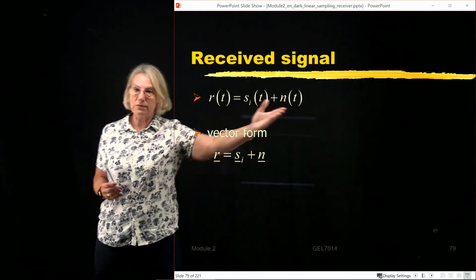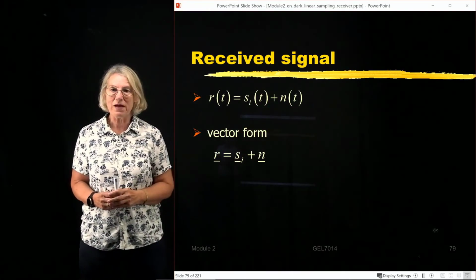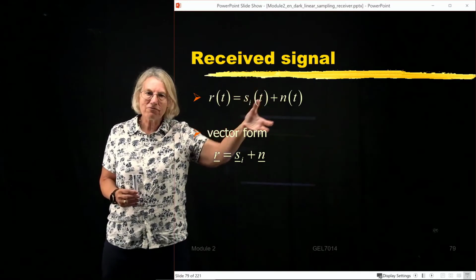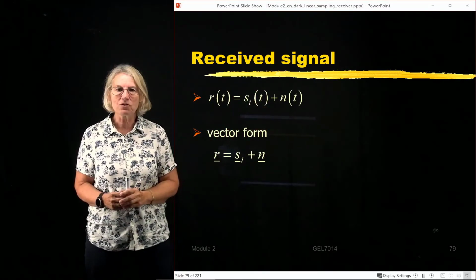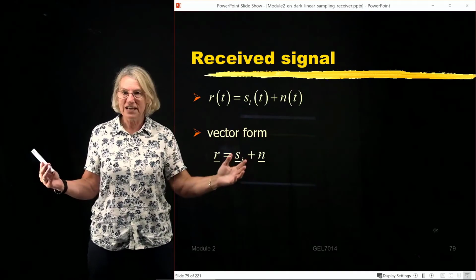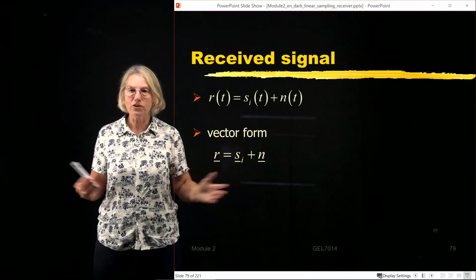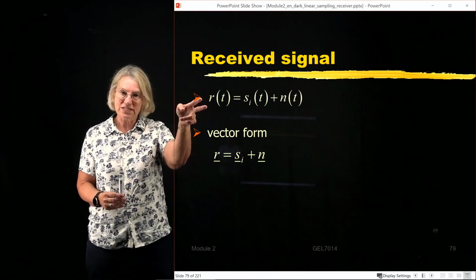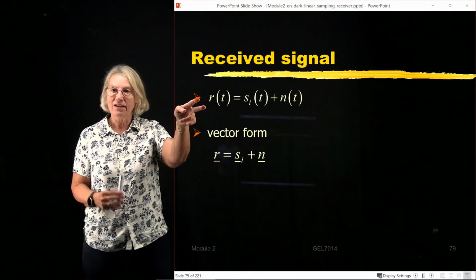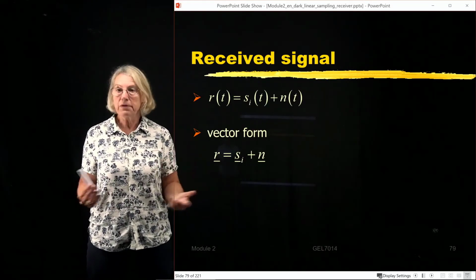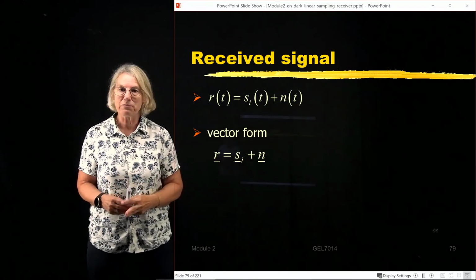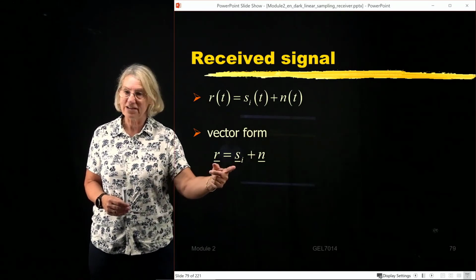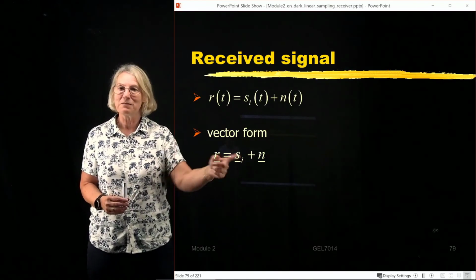Even though this random noise process is an infinite dimensional space, I start by forming the signal space, which just covers the symbols, and then I add to that enough basis vectors so I can cover all the noise. That means that this received vector, which is a function of time, can be represented in signal space. And this signal space representation is a vector, and it's the vector of the symbol which was transmitted plus the noise.